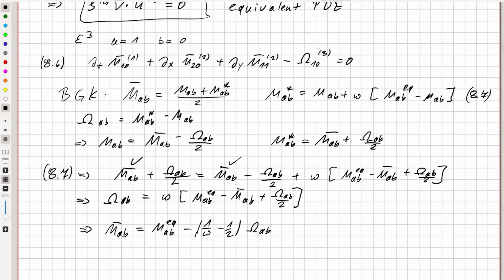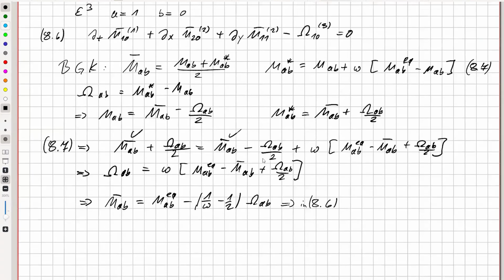I may have been a little quick here, but we have done this already several times. So you see we have this Hénon correction, 1 over omega minus 1/2, in front of this omega AB, and this we put into our equation 8.6 to get the following.